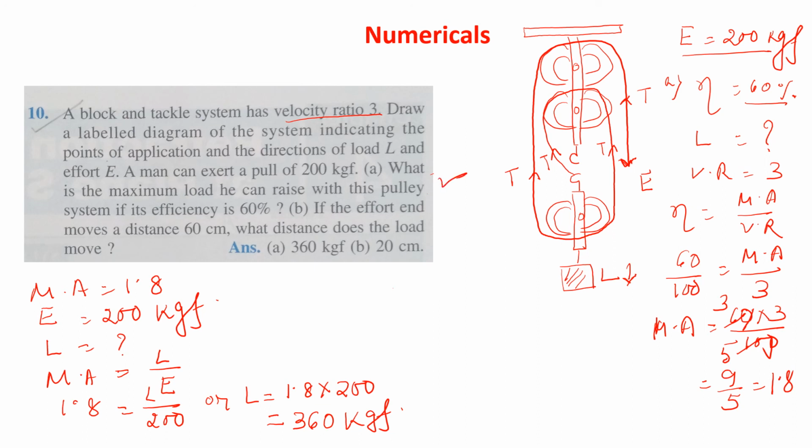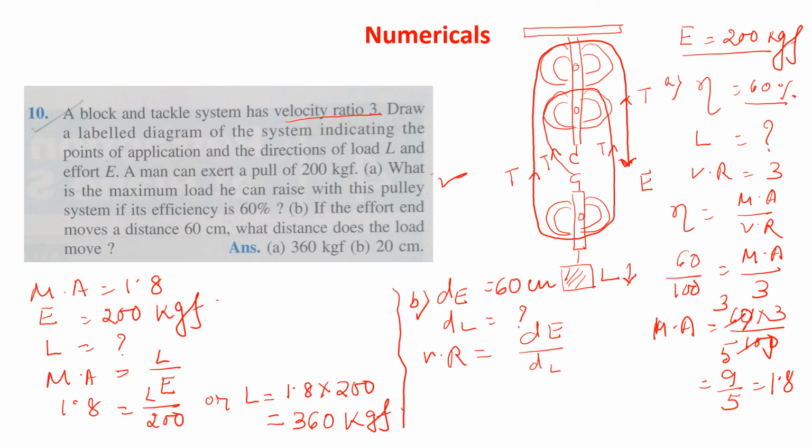Okay, now number B part, if the effort end moves at distance of 60 centimeter, that means DE is given as 60 centimeter. The question is, what is DL? So I can get velocity ratio is equals to DE by DL.